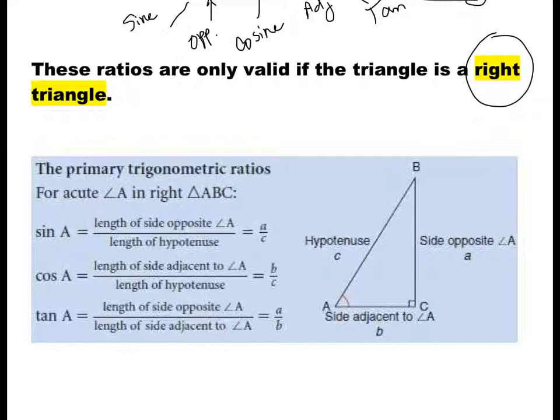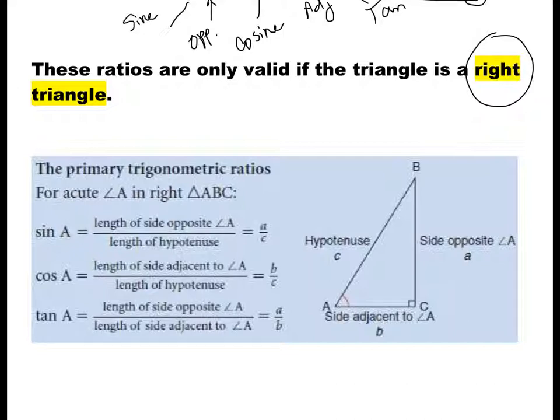But it is customary, we label the sides corresponding to the lowercase of the vertex. Since this side is in front of vertex A, we assign lowercase a. This side is in front of C, we assign lowercase c, and AC is in front of B, we assign lowercase b.